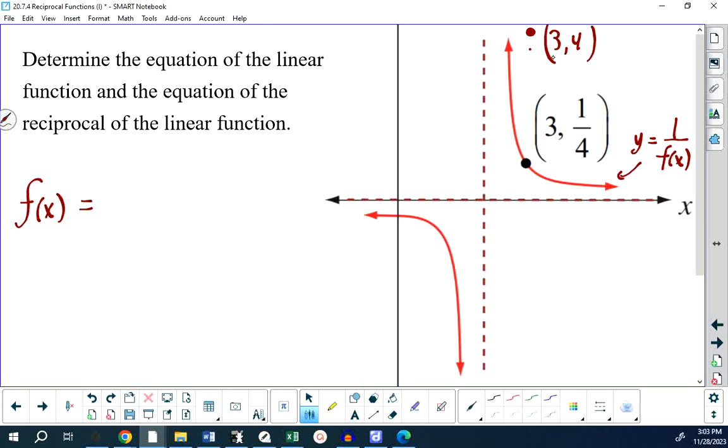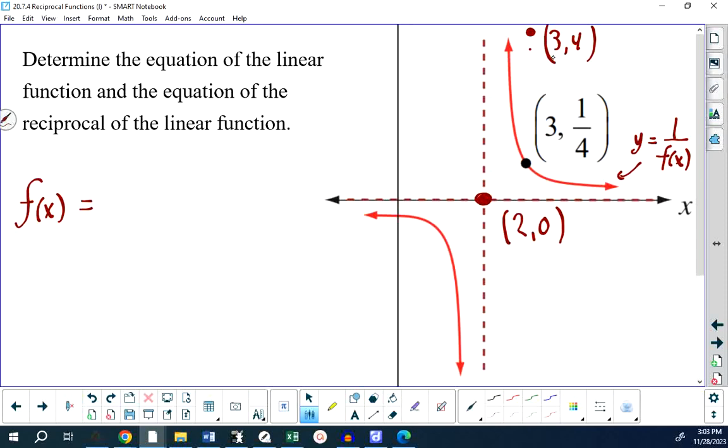It has to pass through here. Why? Because wherever there's an x-intercept on the original function, there is a vertical asymptote. So it passes through 2, 0. And this question has turned into a Math 10 question.